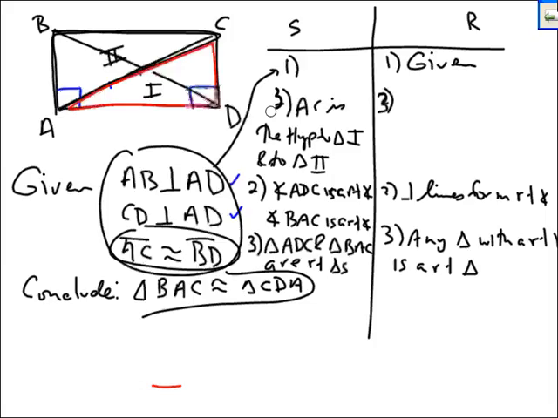And now we come to 4. Now that we have a right triangle, now and only now can we mention hypotenuses. So of course 4 should really go in this 3. So this statement right here should go under statement 3. AC is a hypotenuse.